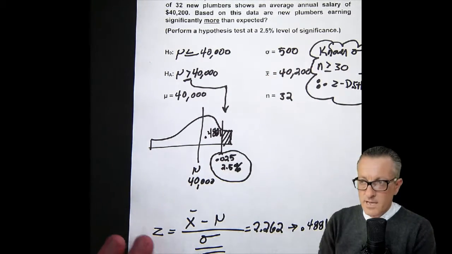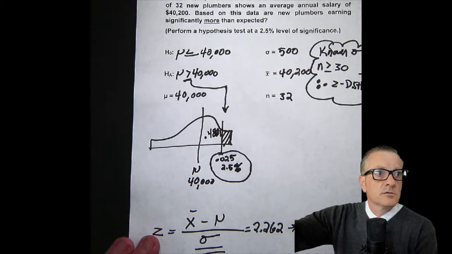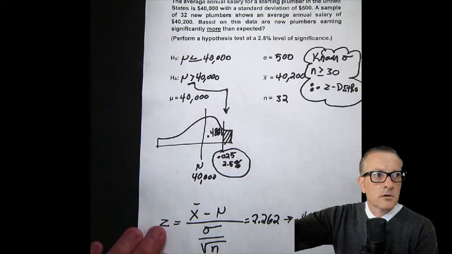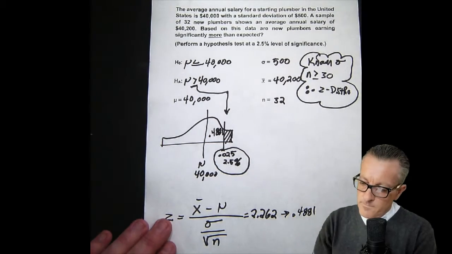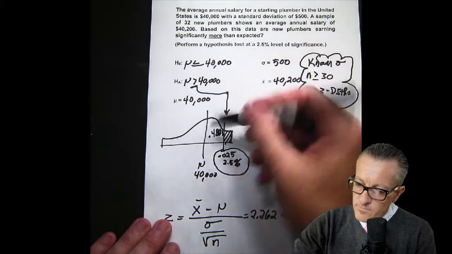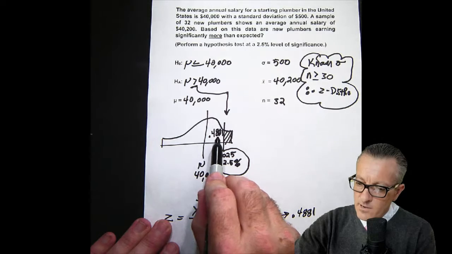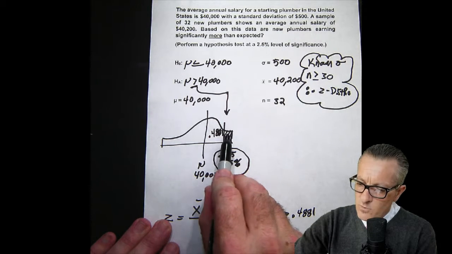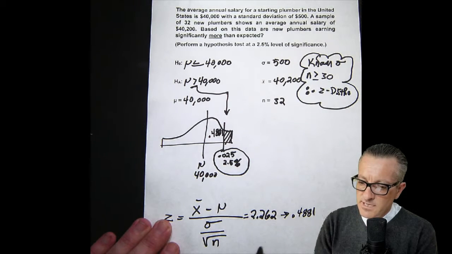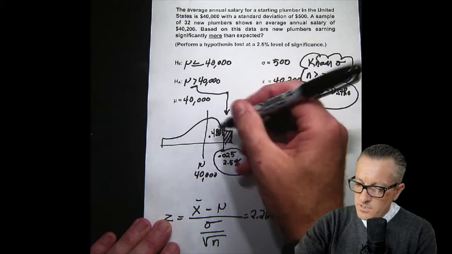I'm going to back out the zoom just a little bit. Okay. But so that's 0.4881. We need to figure out what this area is that's shaded, because that's what we're interested in.